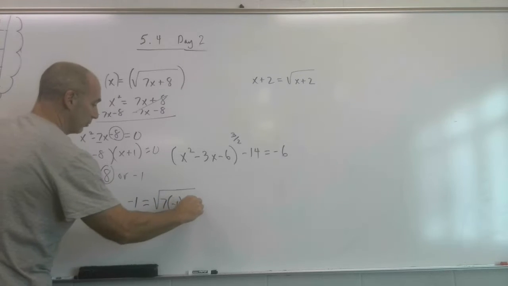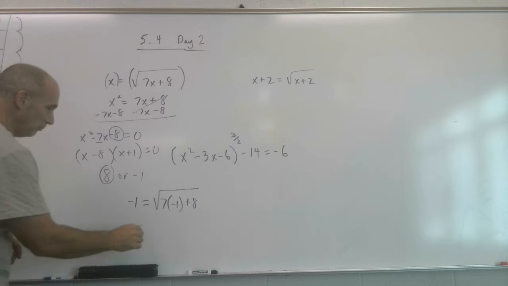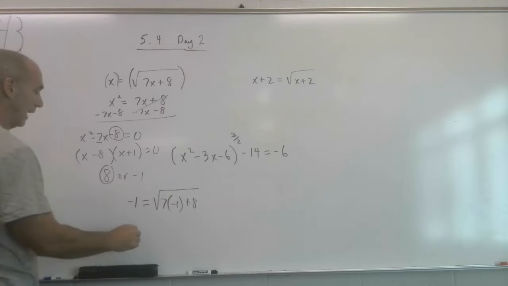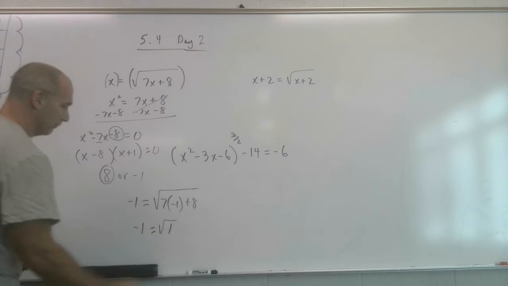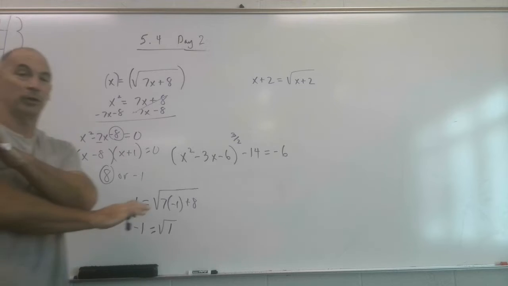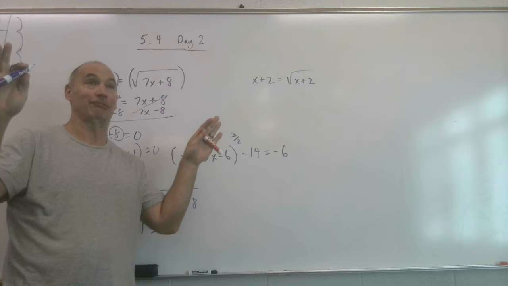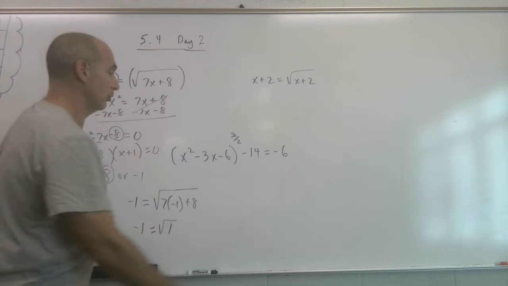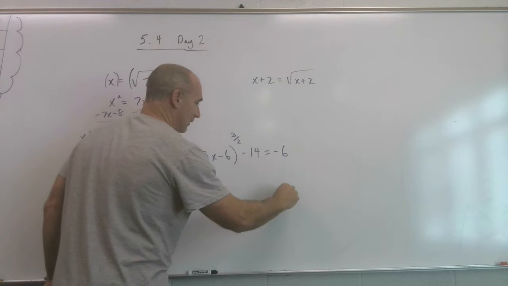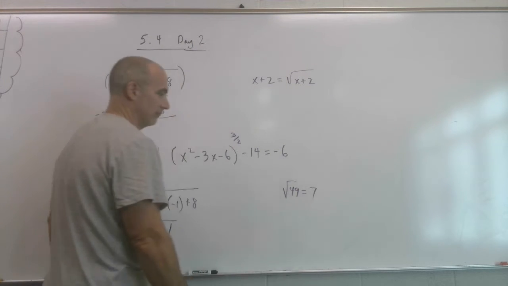Now there's a real twist coming up, so please pay attention here. So I get negative 1 equals the square root of 1. This is one of the weirdest rules in math, and I'm not going to try to mince words here. Almost unfair. But do you remember if I said the square root of 49, that's actually 7.